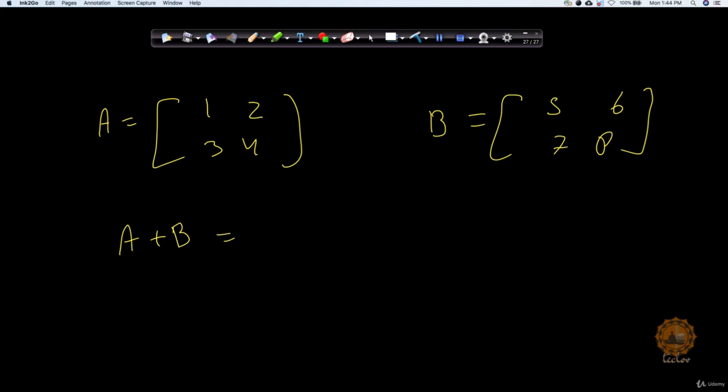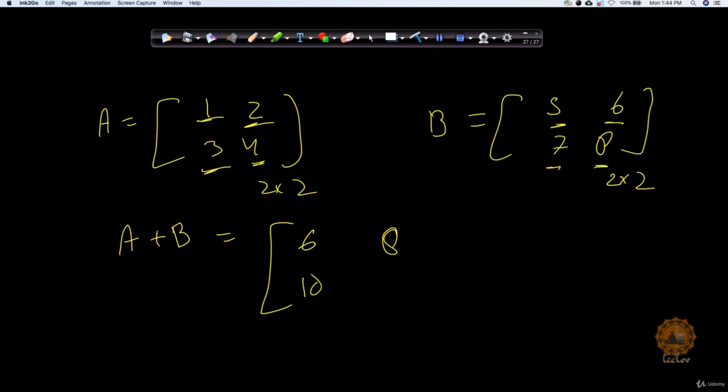In this case, this is a 2 cross 2 matrix and this is also a 2 cross 2 matrix. So I can add them up: 1 plus 5 is 6, 2 plus 6 is 8, 3 plus 7 is 10, 4 plus 8 is 12. This is how you get the summation. But if the dimension of B was not 2 cross 2 but 3 cross 2, we would have got an error, and this would not have worked.